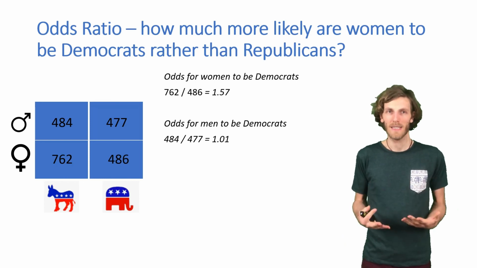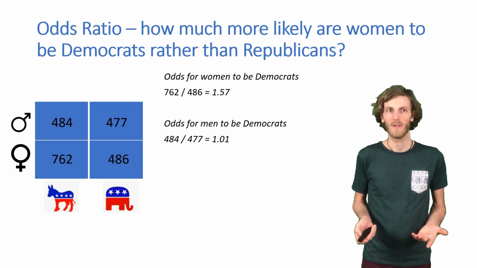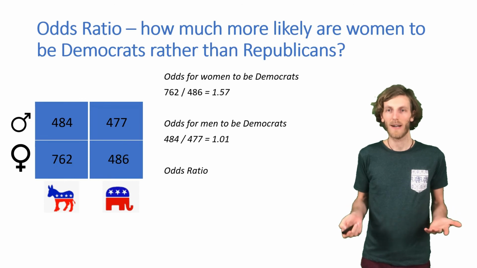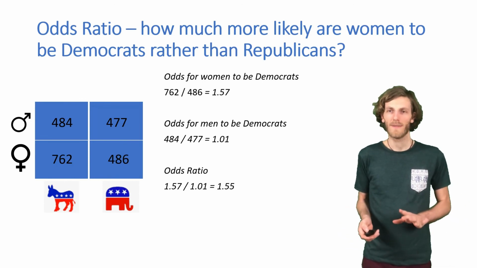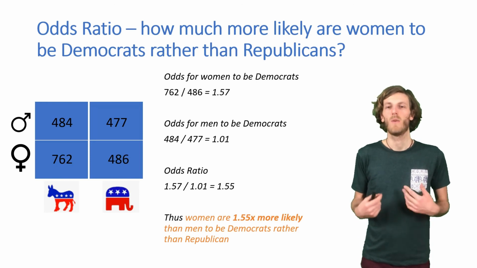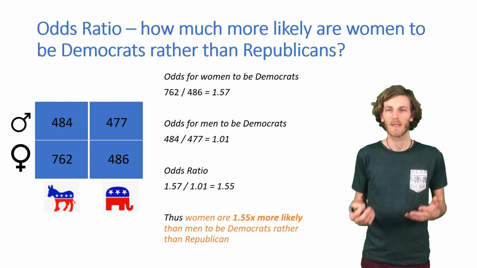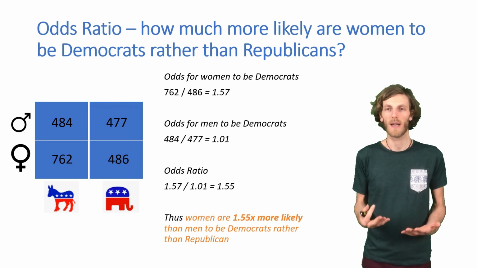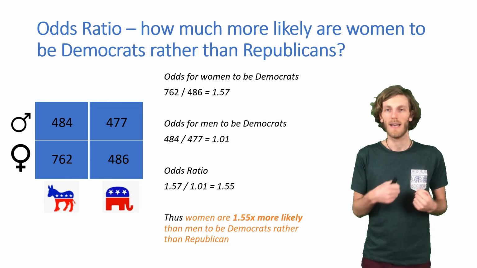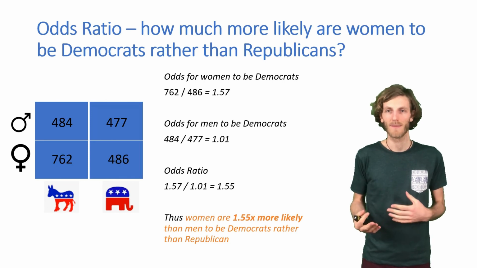But now what we're actually interested in reporting is the odds ratio. And for that, we just divide the individual odds. And we can report that in fact, women are 1.55 times more likely than men, or 55% more likely than men, to identify as Democrats rather than Republicans.